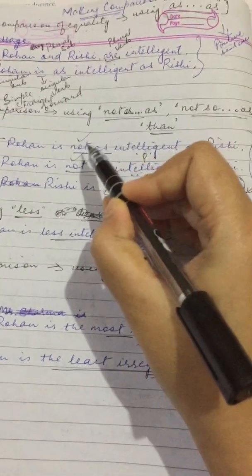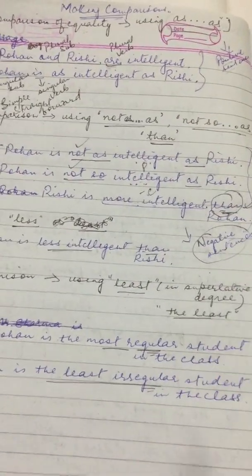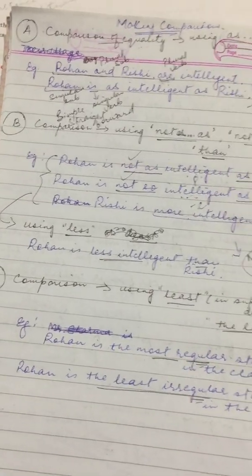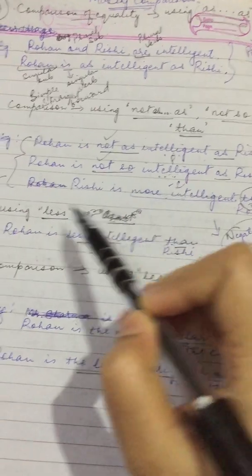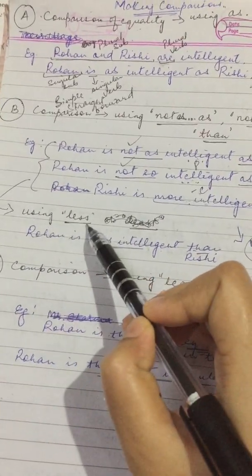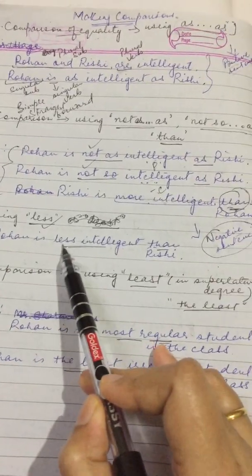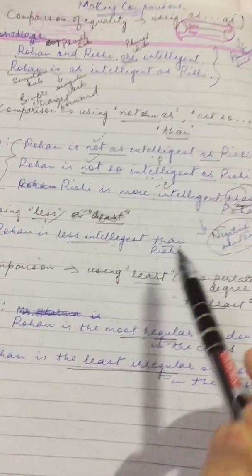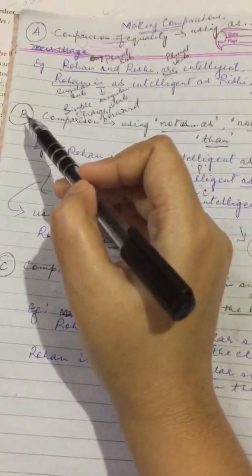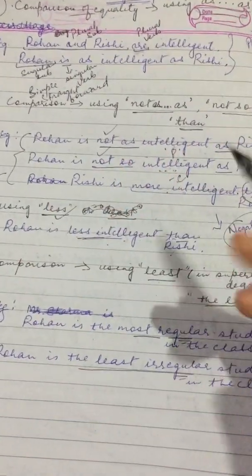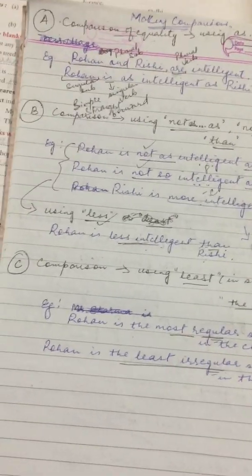Now, the same comparison can be shown using less. Rohan is less intelligent than Rishi. Less intelligent. So, have you understood this part? If you have any problem, you can clarify your doubts. You can put up your questions.